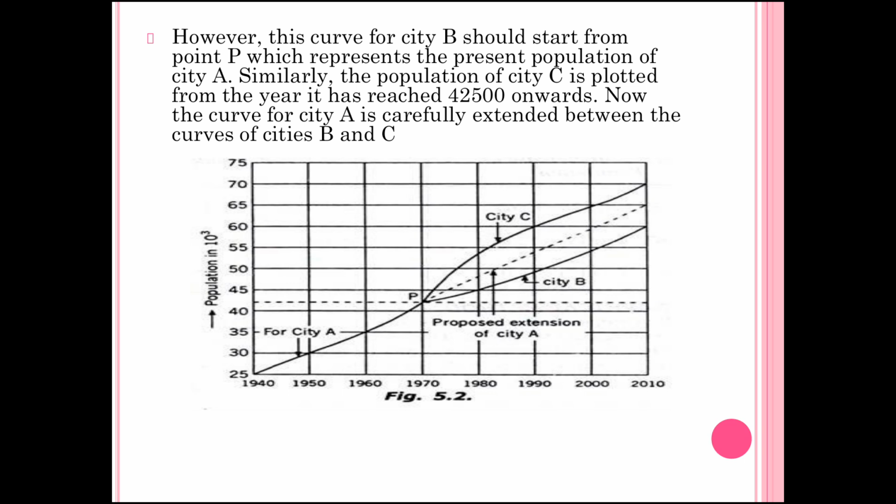Similarly, the population of city C is plotted from the year it reached 42,500 onwards. Now, the curve of city A is carefully extended between the curve of city B and city C. It means whenever we have to calculate the population of an unknown city whose growth rate is equivalent to that of two other known cities, we calculate the growth of the new city by plotting a graph.